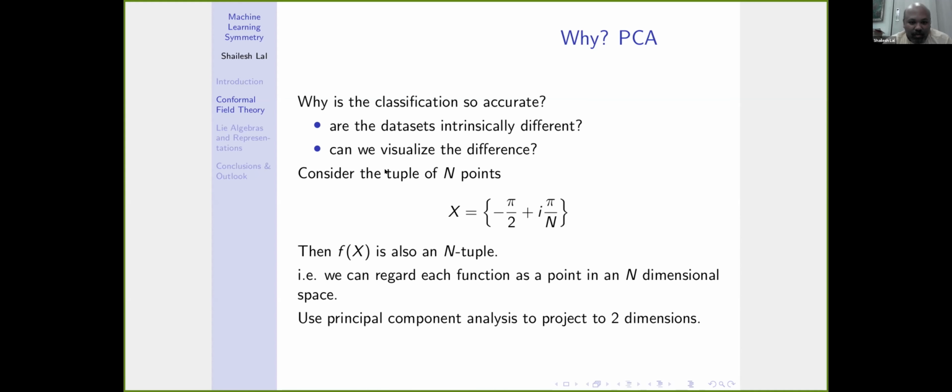You can consider this tuple of endpoints and evaluate the function on this tuple, so f of x is also an n-tuple. Then you can think of every function as being a point in an n-dimensional space. You could use a method called principal component analysis to project down to two dimensions, where you can visualize these points.